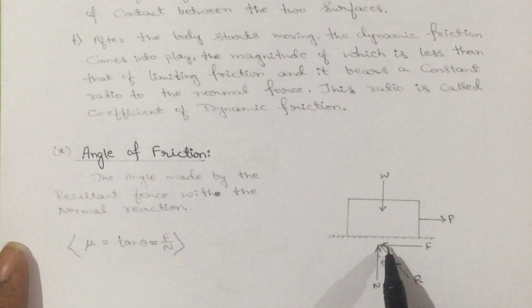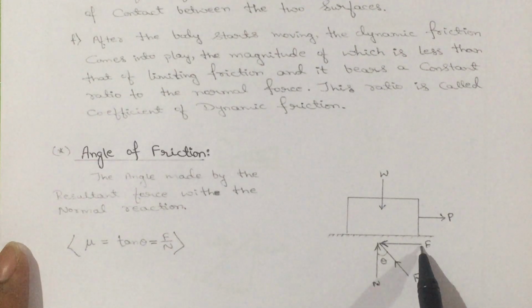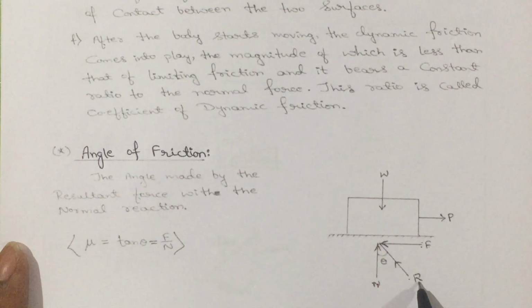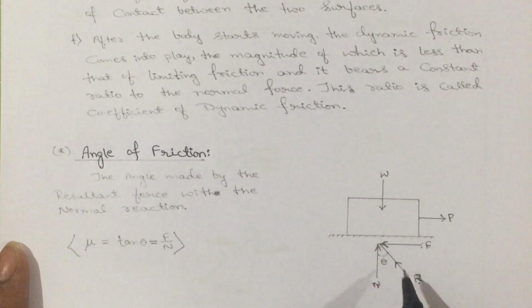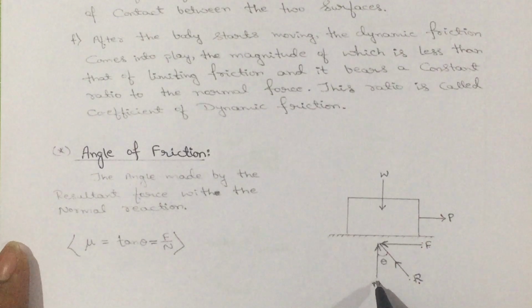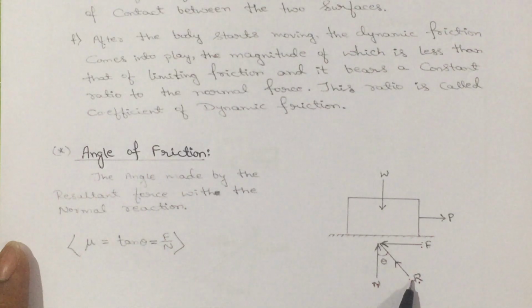At this contact surface, we are going to get the frictional force and the normal reaction. There are two forces, F and N. If we find the resultant, then this will be the resultant force. Then the angle made by this resultant with respect to the vertical line, that is the normal reaction, is known as the angle of friction.